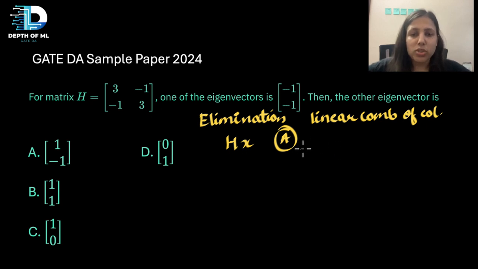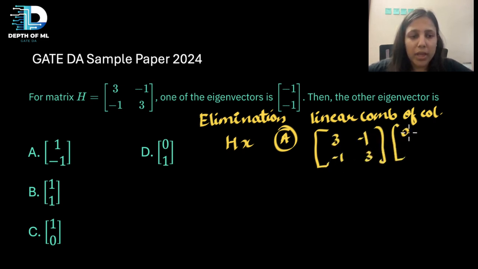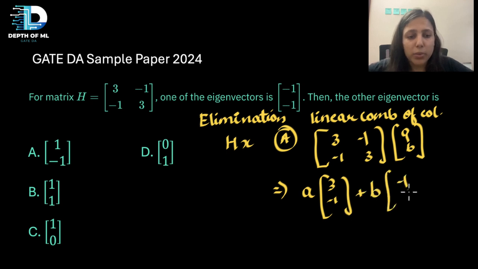So when I'm doing Hx, it's essentially that when I'm multiplying [3 -1; -1 3] with some vector (a, b), I will get a times (3, -1) plus b times (-1, 3), right? And this really speeds up our calculations.